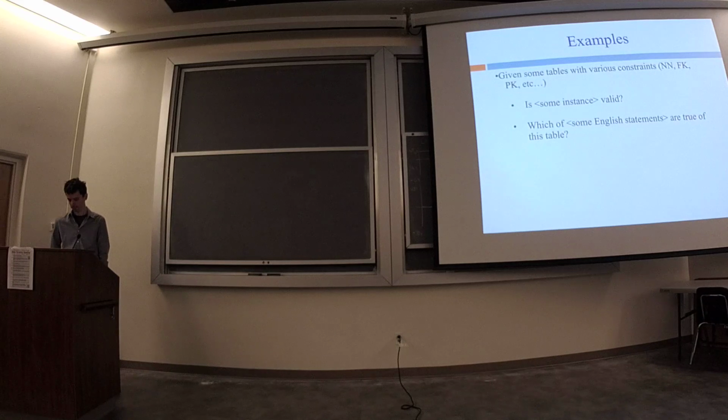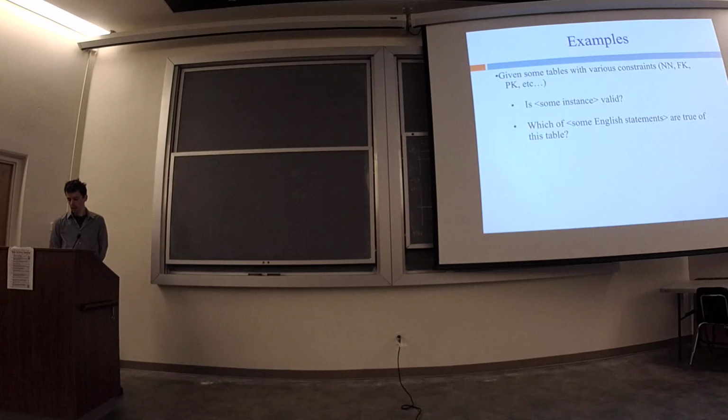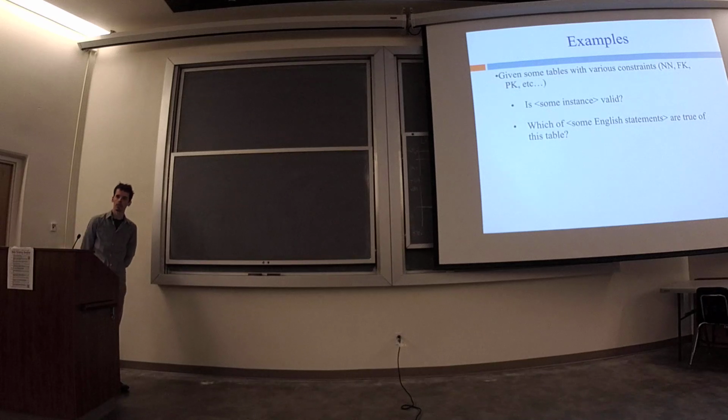Things like that. Okay. So some high-level examples, not a specific problem here, but something you can think about and imagine your own problems. So given some tables with various constraints, I would say this column is a foreign key, this column is a primary key, things like that. I might ask you, is this a valid relational instance given those constraints?